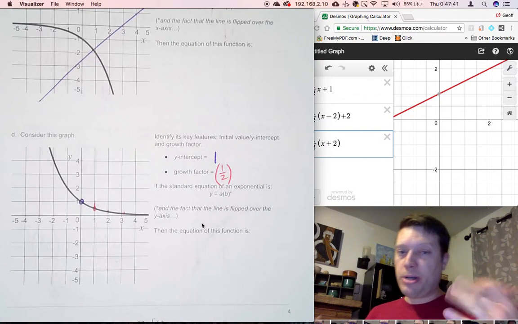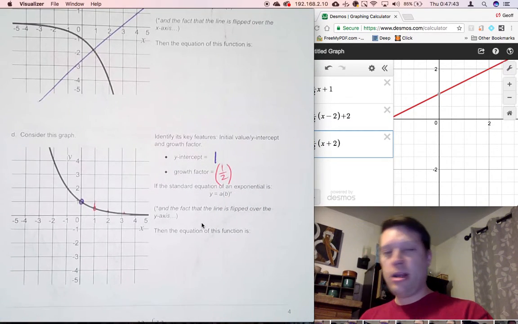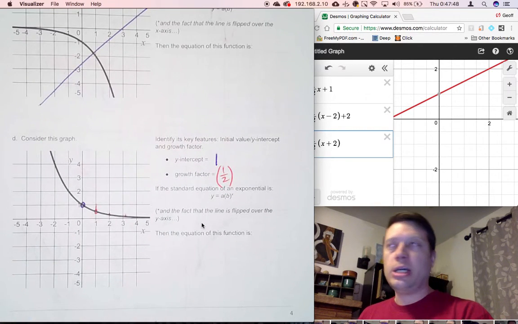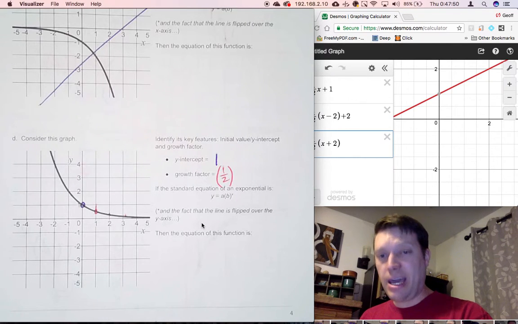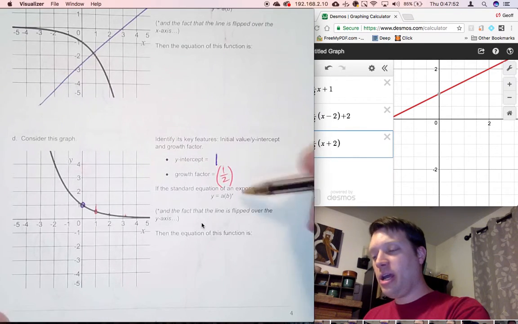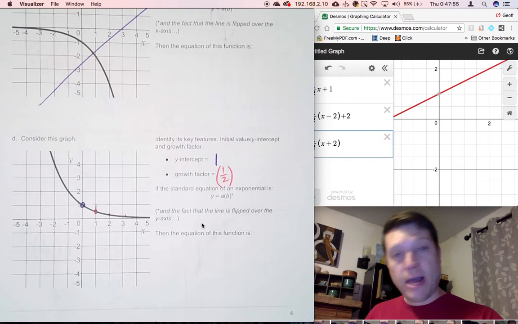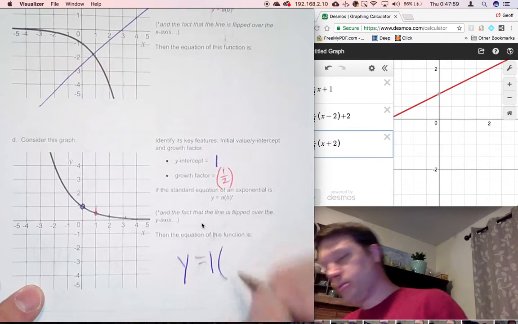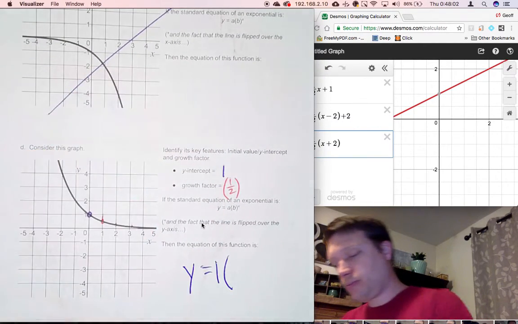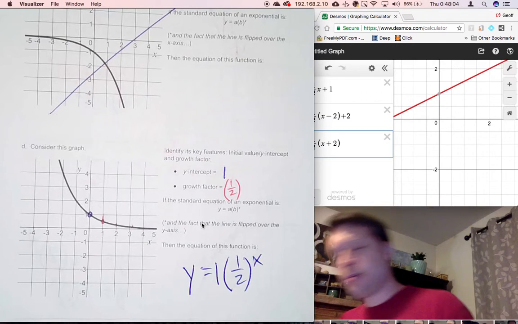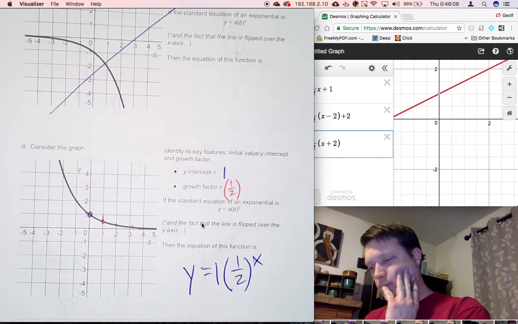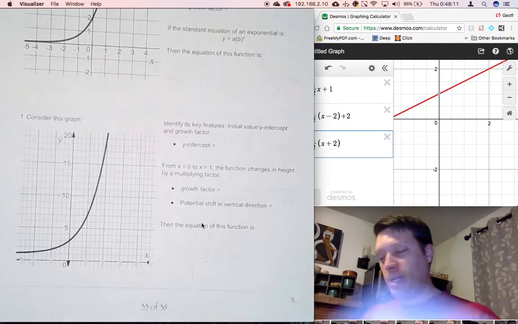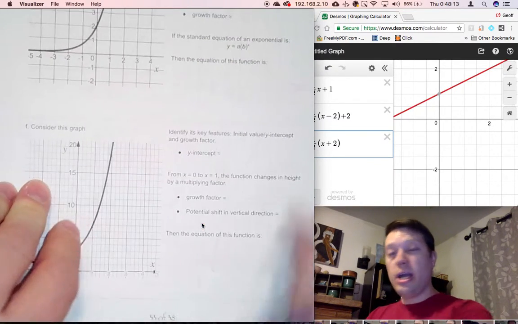And that lines up with the pictures that we had seen in the previous lesson, that curves that look like this are actually exponential decay curves, and the growth factor is going to be a fraction between 0 and 1. So y equals 1, the y-intercept, times 1/2 to the power of x. So we're looking at the different ways to represent an exponential equation.